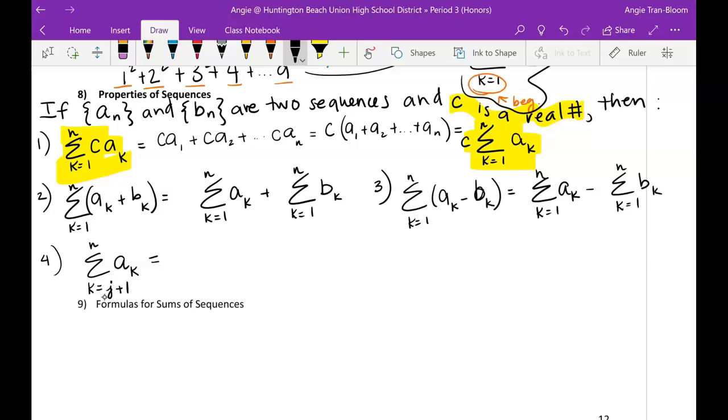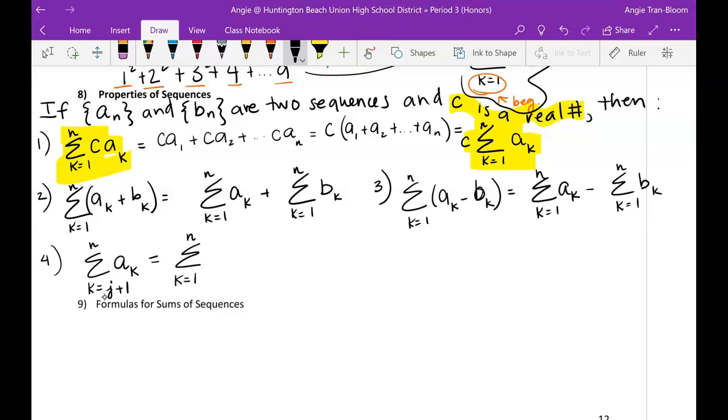What this is really meaning is that I don't want it to start at the value of 1. Then I can turn it into, what if I wanted to start at 1? In a little bit, we are going to do problems where things don't start at k equals 1. And usually we want it to start at 1 because it's easier, right? But sometimes that doesn't really happen.